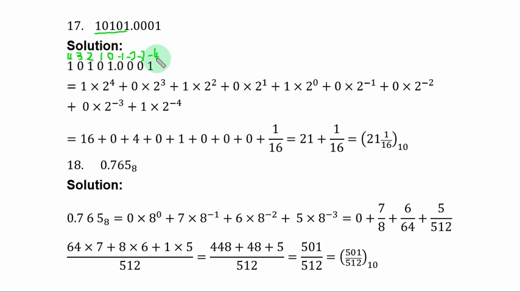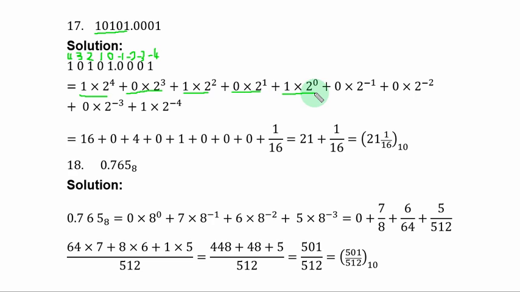After doing that, you multiply each digit by base 2 and attach the power to the base number. So we have 1 times 2 power 4 plus 0 times 2 power 3 plus 1 times 2 power 2 plus 0 times 2 power 1 plus 1 times 2 power 0.